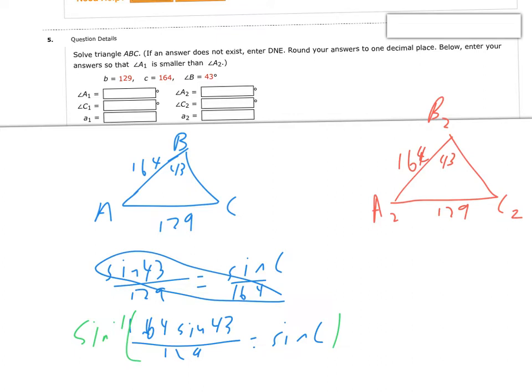So sine inverse of 164 sine 43 divided by 129, and that's going to give me 60.1, and so this will be 60.1 right here. And then to find C sub 2, I would do 180 minus that 60.1.